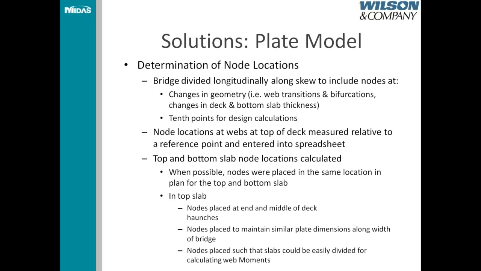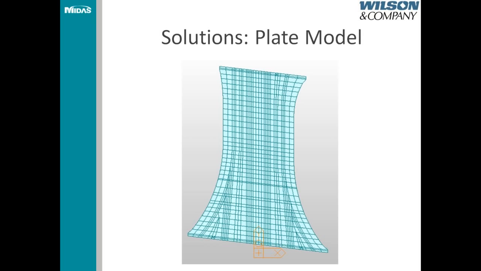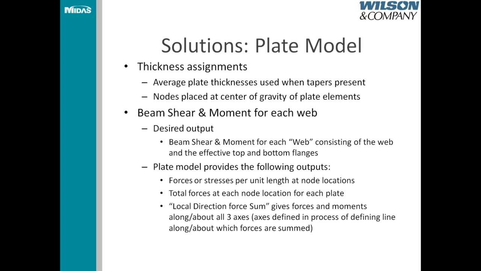The nodes were placed such that slabs could be easily divided for calculating web moments. So you saw a couple slides ago the cross sections that were broken up into various elements. I made sure that there was a node where those elements were divided. And then here is the plan view of the plate model.